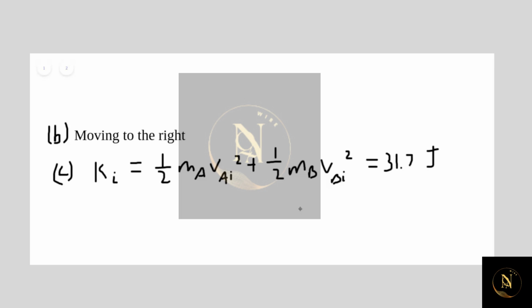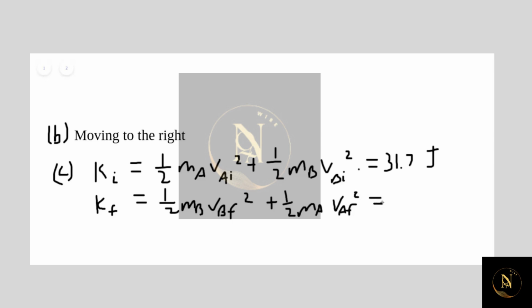Now let's do the same thing for the final kinetic energy. 1/2 m B V B F squared plus 1/2 m A V A F squared.